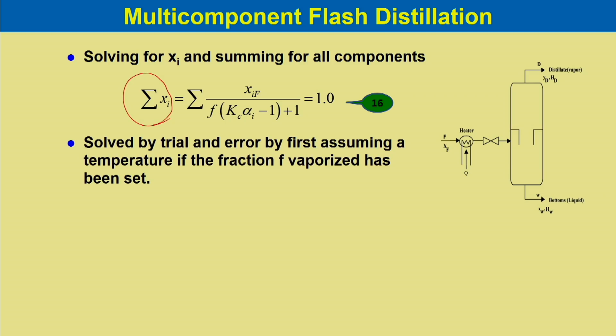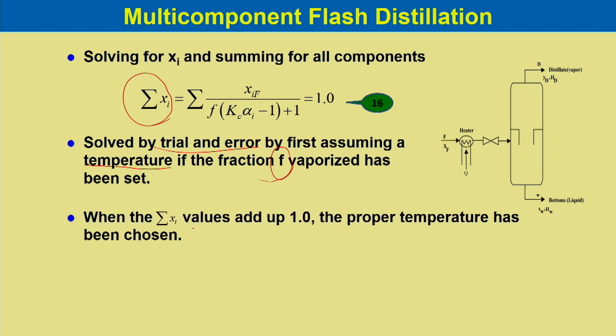This is solved by trial and error by first assuming a temperature if the fraction f vaporized has been set. So, we can set the fraction vaporized, which is f, then we can assume a temperature and then solve by trial and error.